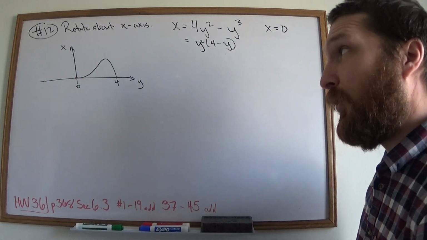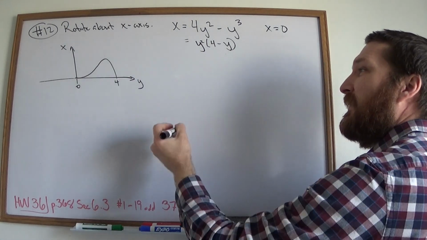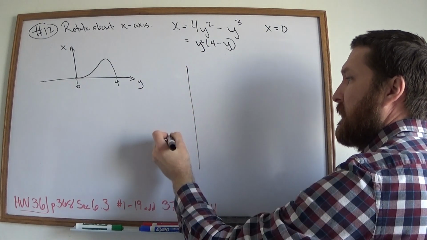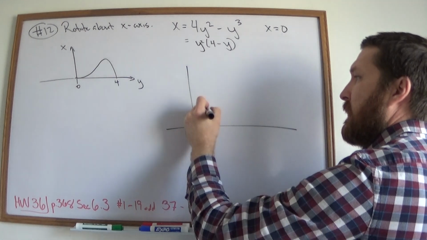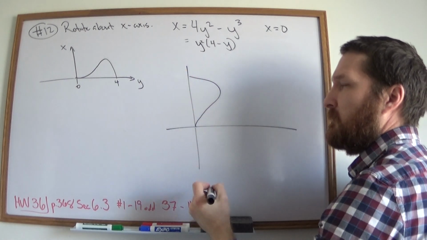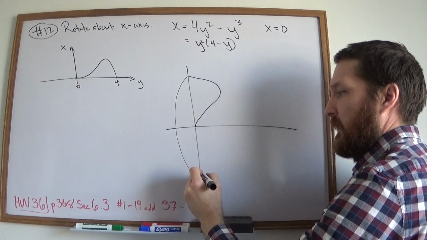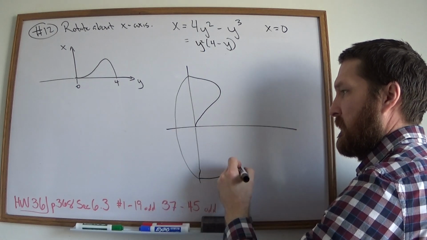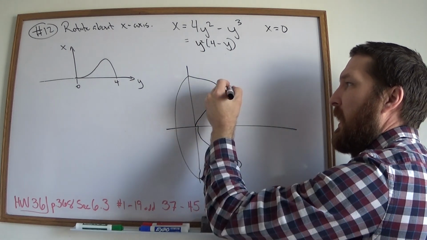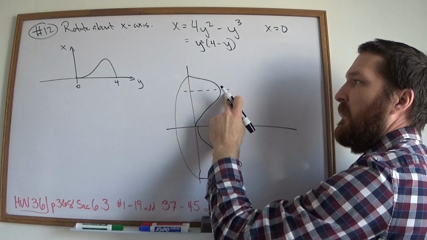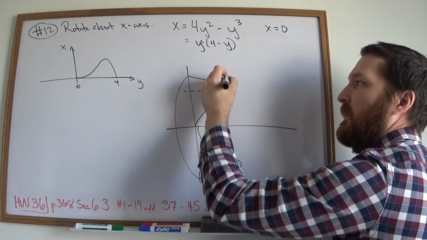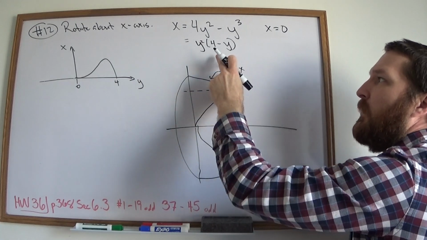Now, if you thought, okay, I'm rotating it around, so let's try the disk method, you'd have to find the top half of this, y equals x.